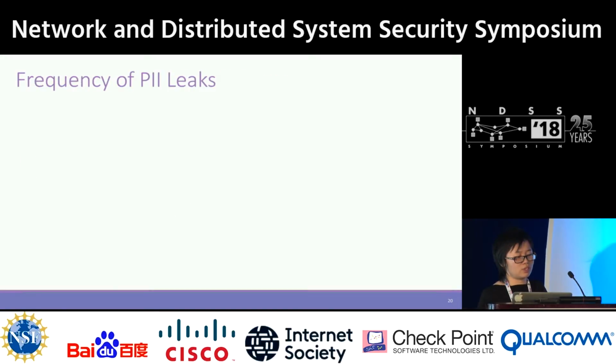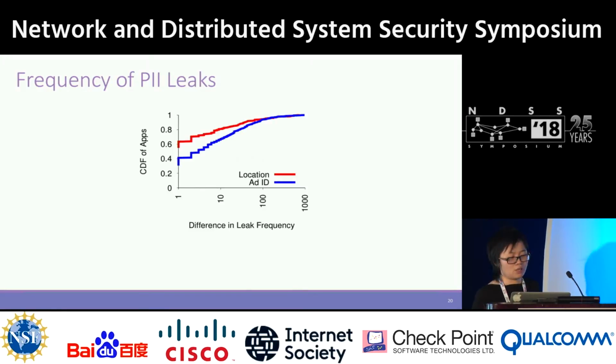I'm especially interested in understanding the frequency of change. If you remember the Pinterest case, the Android ID increased from 2 times to a couple hundred times. And this is actually not rare in our data set. This is a CDF of apps in terms of their differences in leaking frequency during our 10-minute interaction. So for most of them, the differences are less than 10 times.